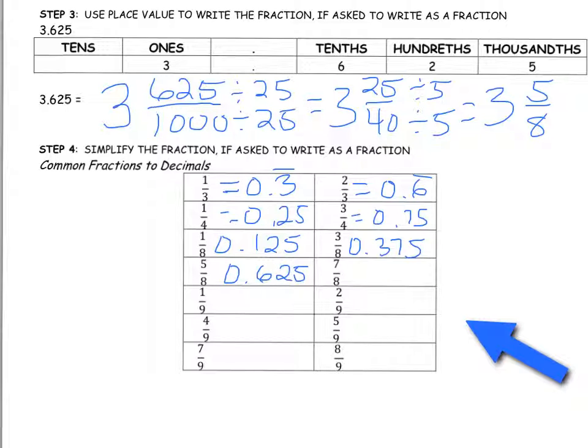You're going to notice that some of the fractions that have the same denominator, their decimals are very similar. For example, all eighths go out to the thousandths place. You're going to notice that the ninths are all repeating decimals, and they repeat the number that is in the numerator because they are very close to the tenths place.